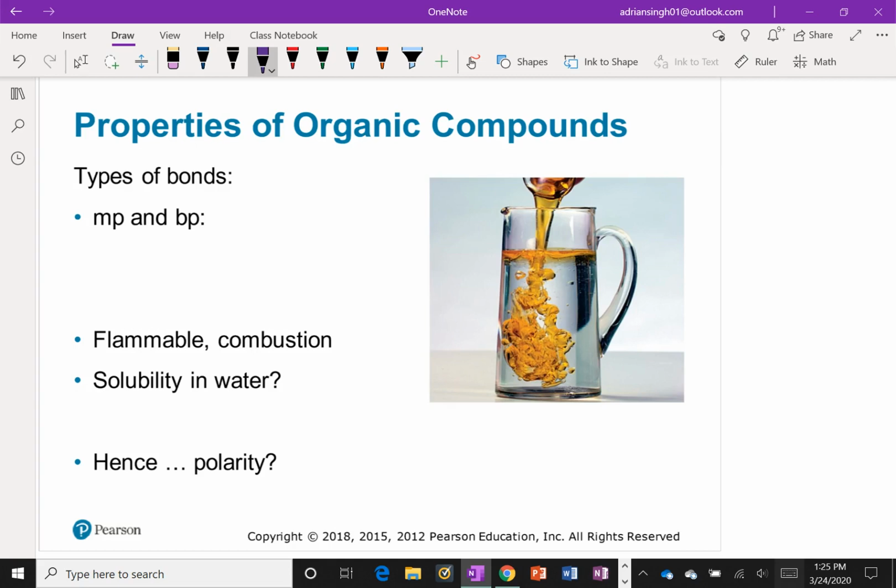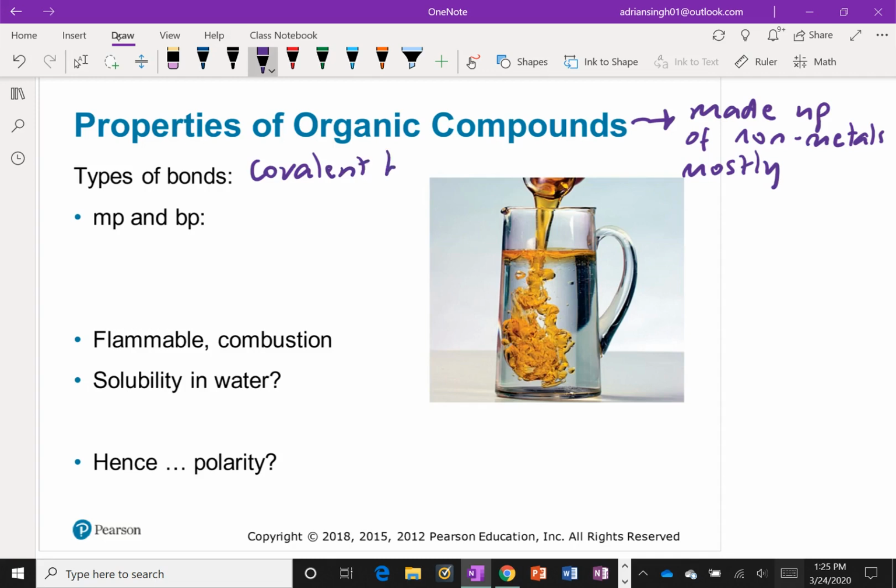Well, we mentioned that because they're typically made up of non-metals, we would predict that the type of bonding involved would be covalent bonding between the atoms.